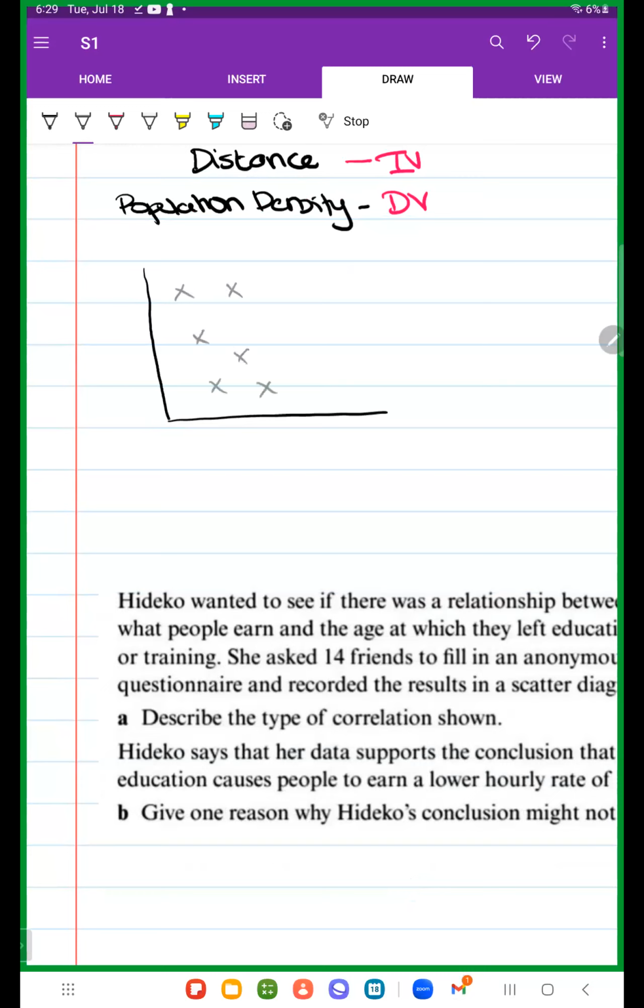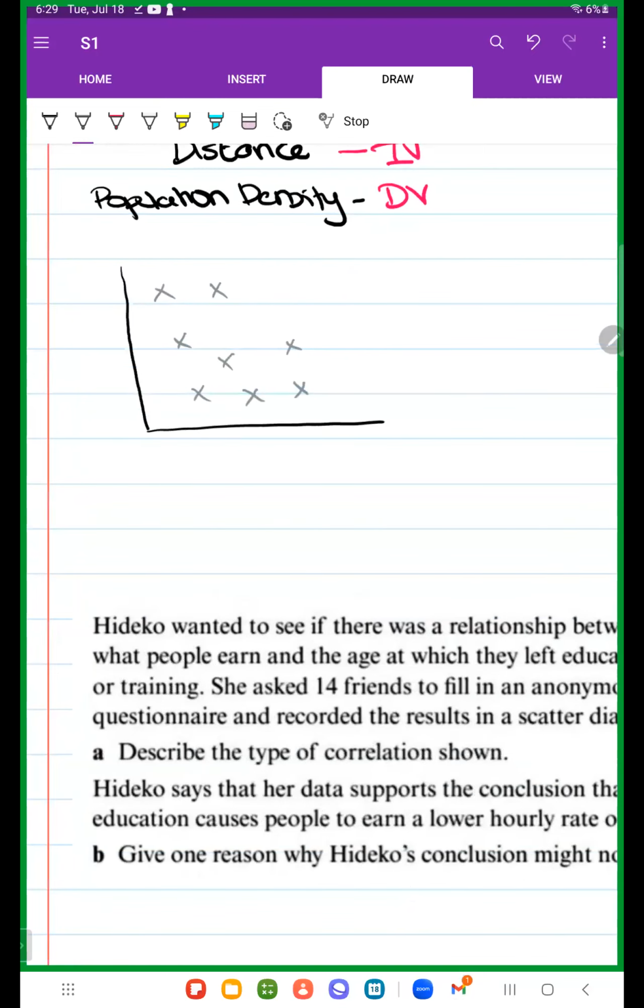Now what I want you to do is interpret this answer. So my distance will come over here. When they ask you to interpret the answer, you will apply it to the information they've given you.